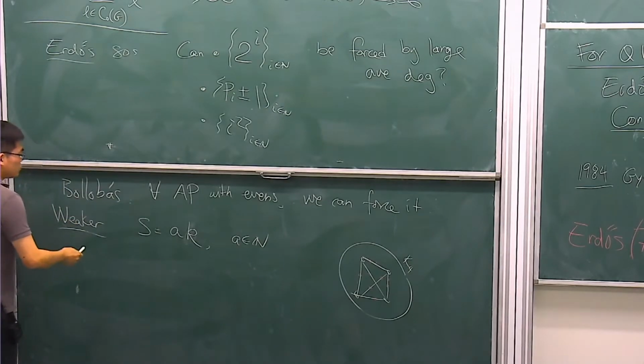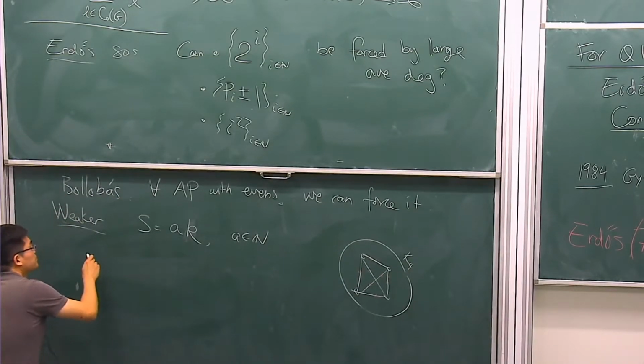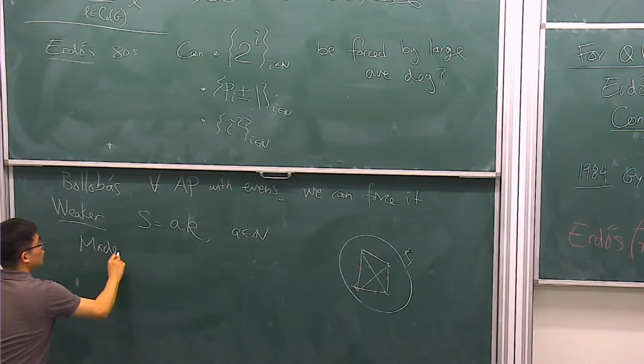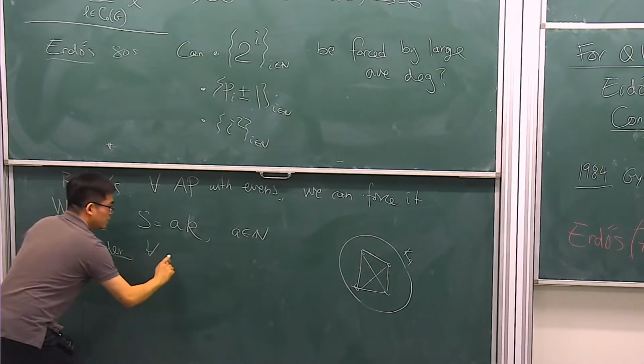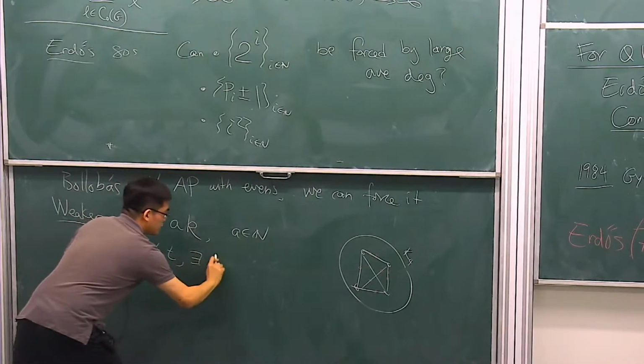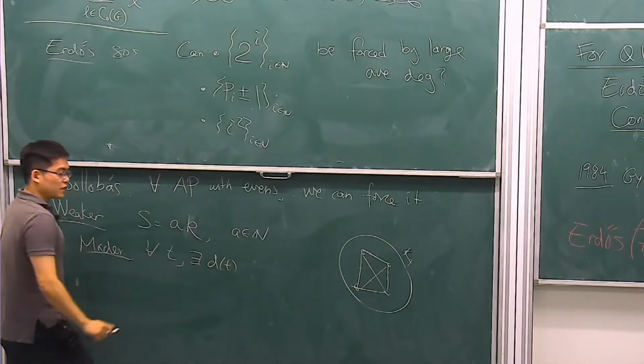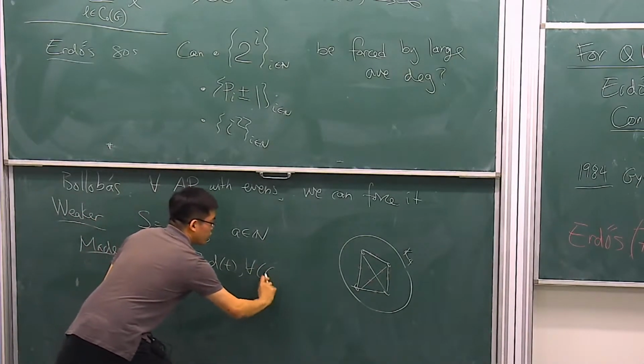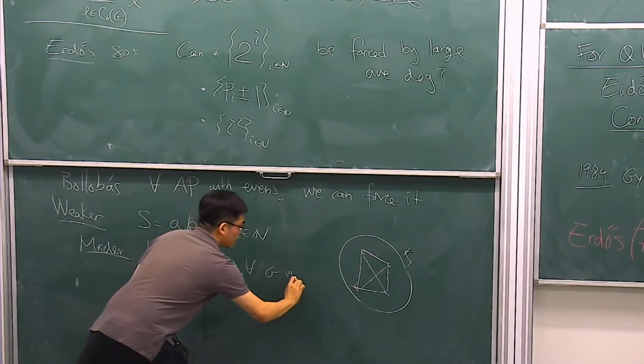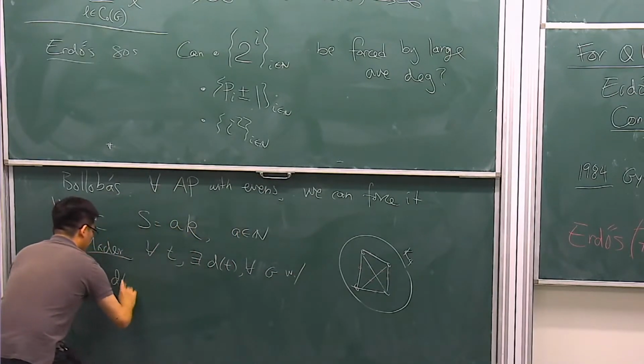Then there is a result by Mader, who showed that for any t, there exists d, which is a function of t, such that for any graph G with average degree at least d, G contains a subdivision of K_t.